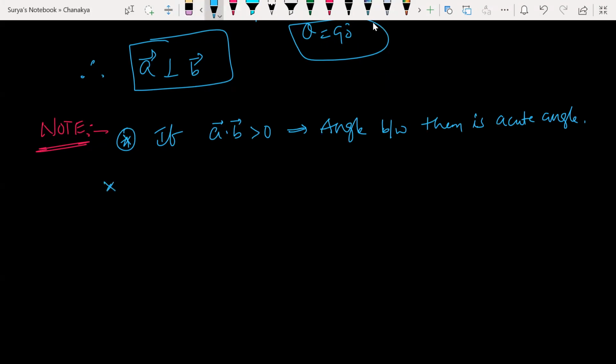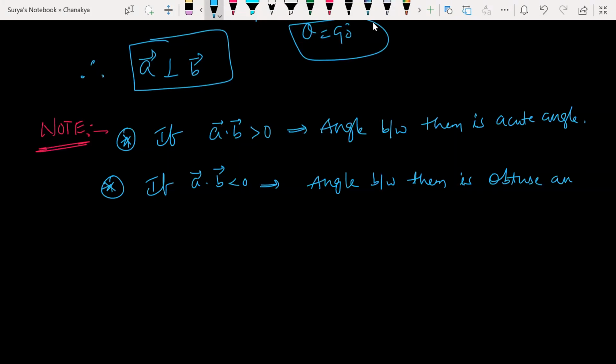Here it happens the opposite. If vector a dot vector b is less than 0, then the angle between them is obtuse angle. All right. If at all they are 0, then of course what is the angle?